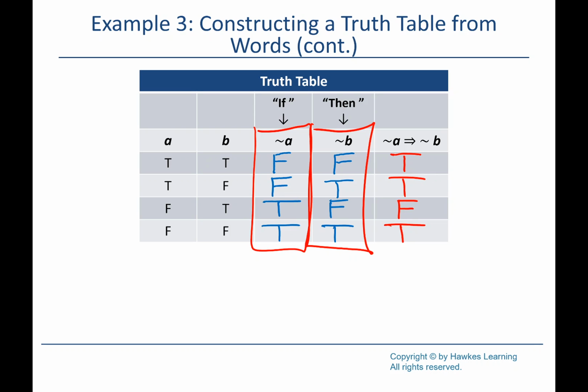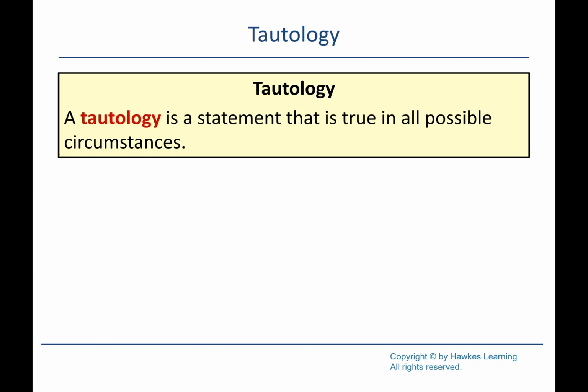All right. We do have one special situation I think we're going to look at, and then we'll be done. Our special situation is if we go through and make a truth table, and at the end we find out that our compound statement is always true. So if it's true in every circumstance, no matter what combination of true and false we have in the other columns, that is what we call a tautology.